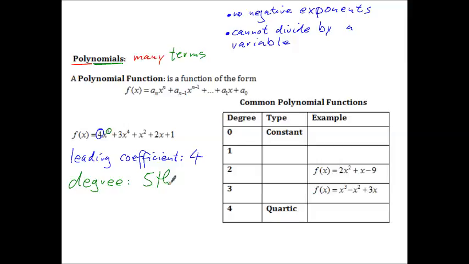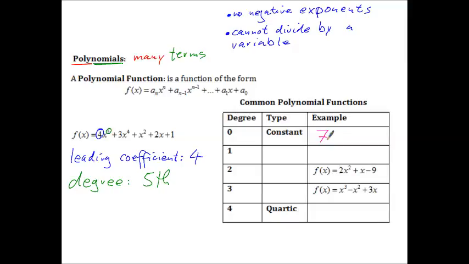Moving over to our table on the right, we can see some different types of common polynomial functions ordered by degree. With a degree of 0, the function we get is called constant, and an example for that would be 7, just a number.